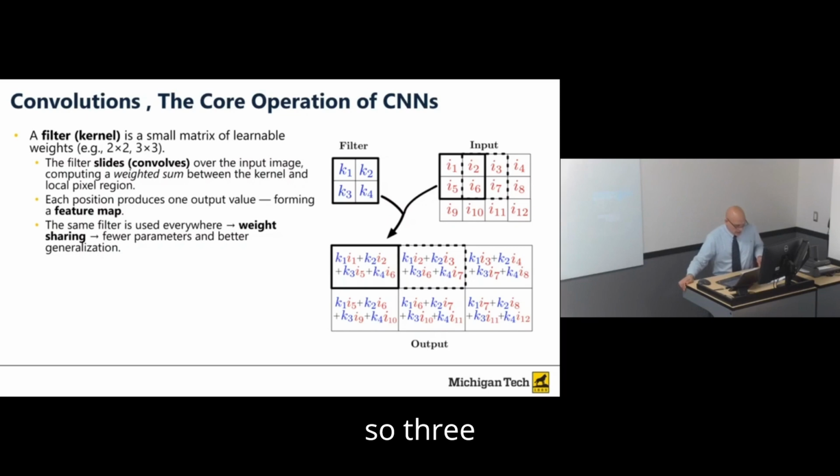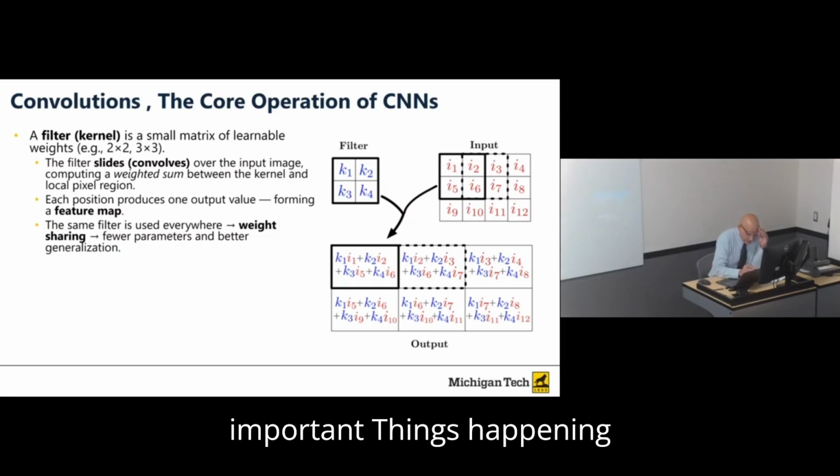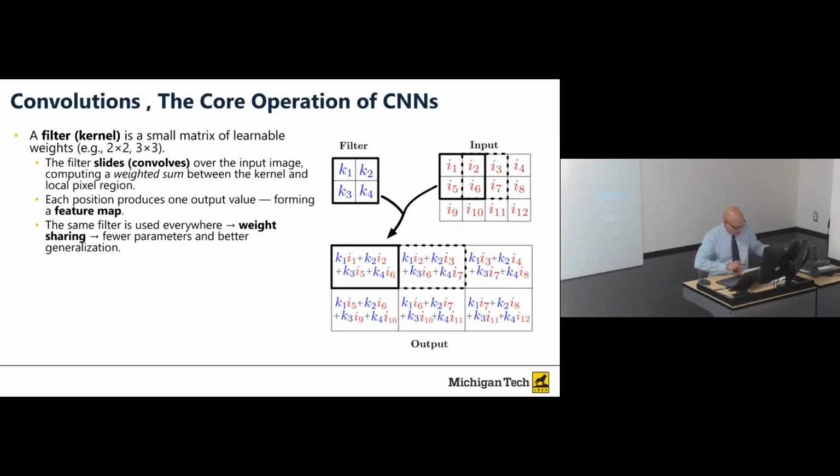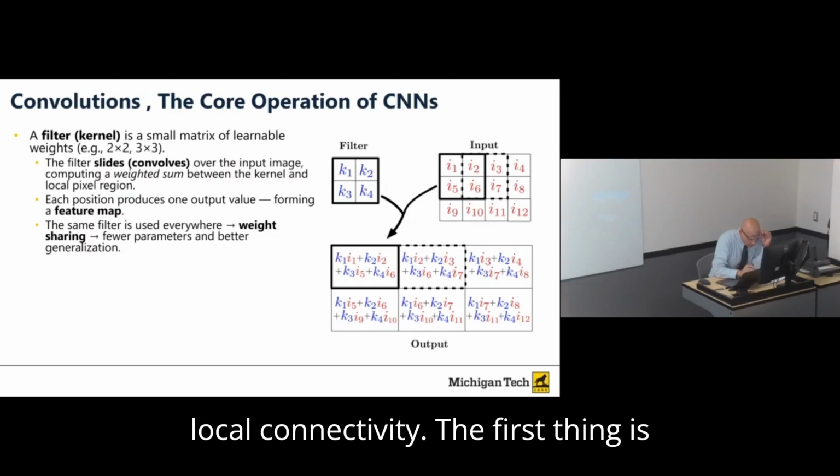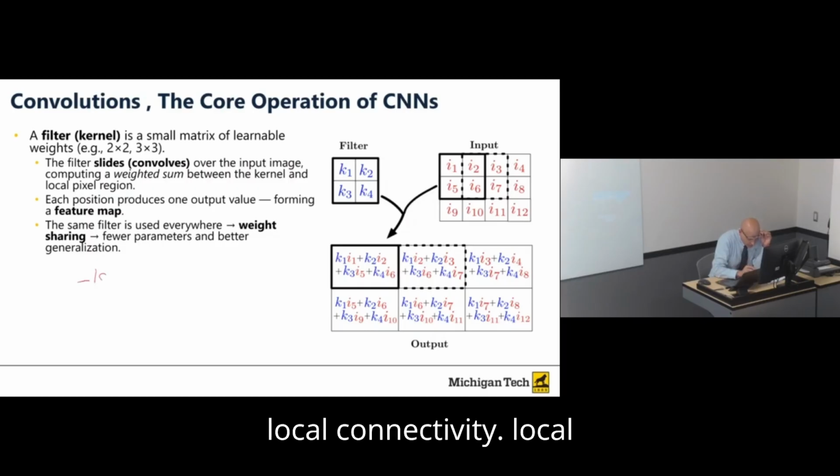So there are 3 important things happening in convolution. First of all, we select fields, receptive fields. So that's called local connectivity. The first thing is local connectivity.